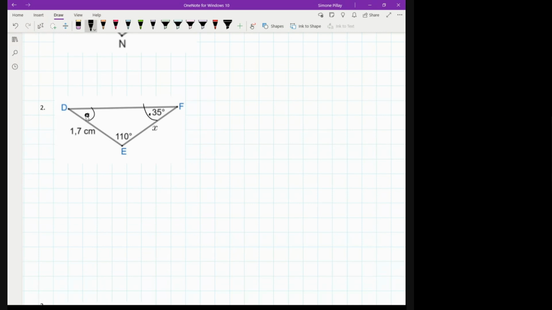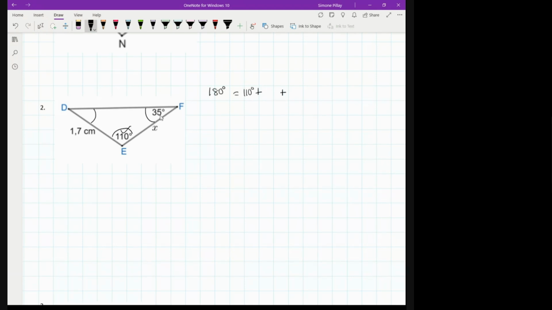Ramsey, do you know how we might be able to do that? I'ma try, ma'am. 180 is equal to 110 minus 35 degrees, ma'am. So close, let me help you. Remember what our rule says. Our rule says that the sum of all three angles is going to equal 180. So because I know it's the sum, I'm going to add all of them.